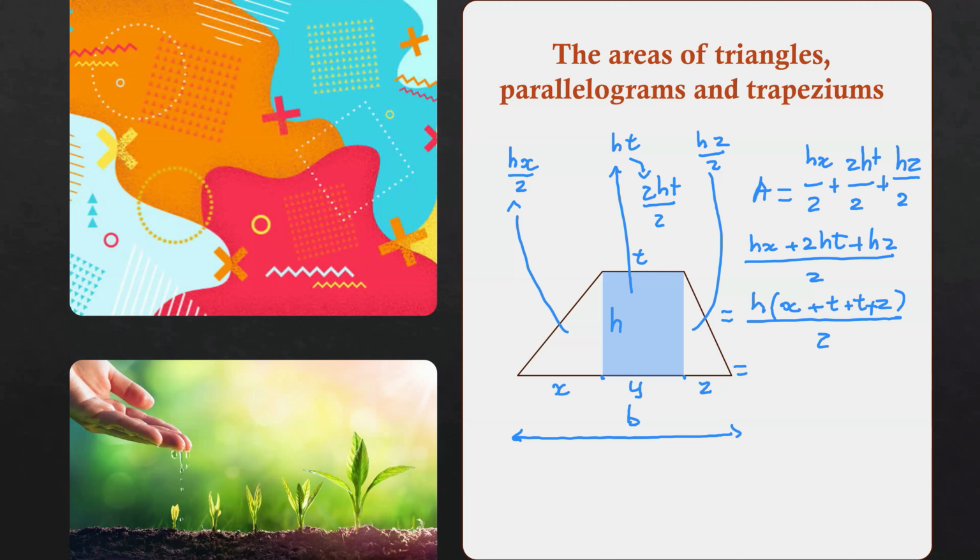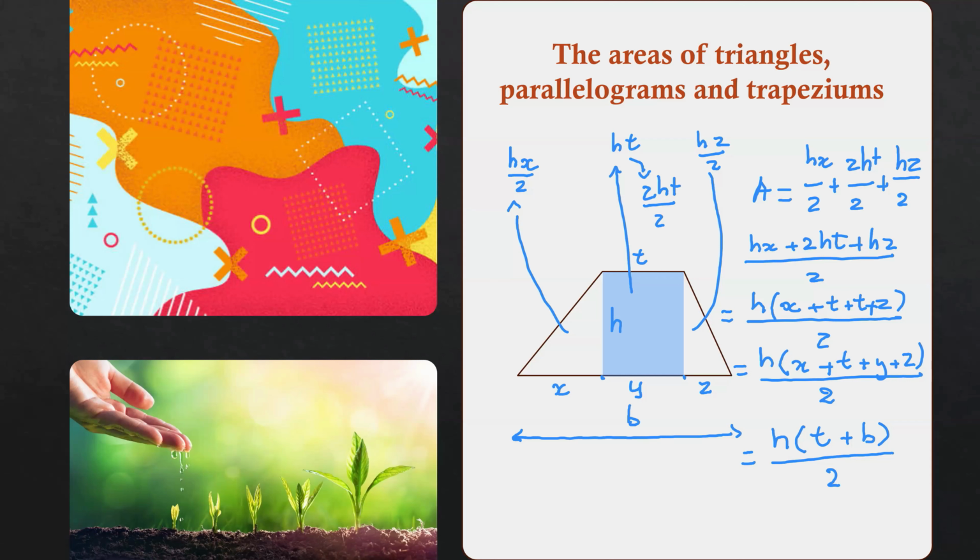Now we will change it to h times x plus t plus y plus z, over 2. Now we can combine the x, the y, and the z together to give the base. So that effectively equals h times the top plus the bottom, divided by 2.